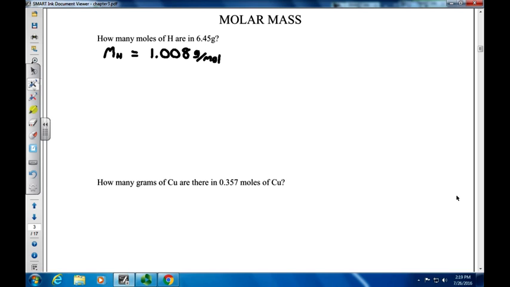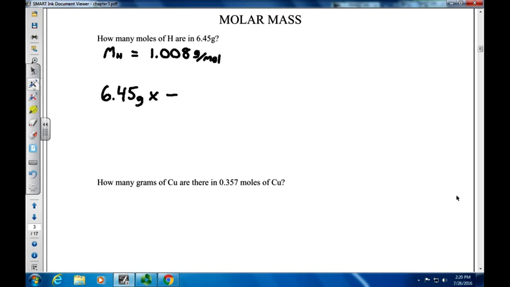All you have to do is take your given, you always start with your given, 6.45 grams. And then we're going to want to multiply it by the molar mass of hydrogen. But we're going to want to rearrange the molar mass so that we can cancel out the grams and only be left with moles.